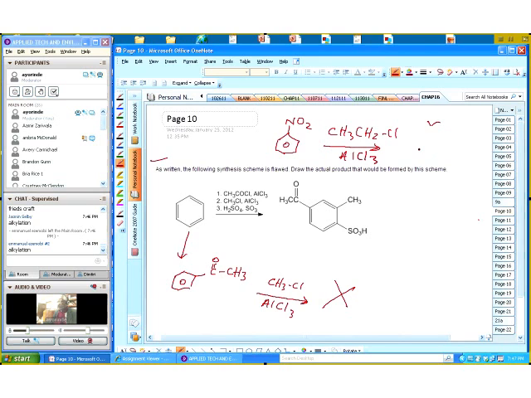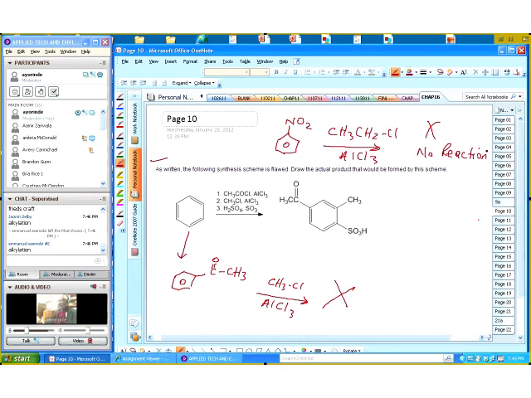You have to tell me no reaction. Okay, so keep that in mind. Do not forget that. I forgot to tell you in class. So Friedel-Crafts alkylation and acylation do not take place whenever you have an electron withdrawing group or deactivators attached to the benzene ring.